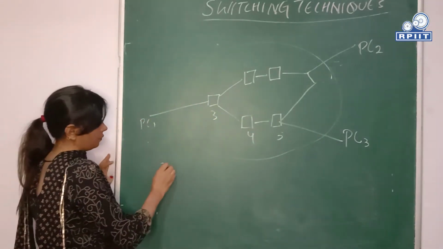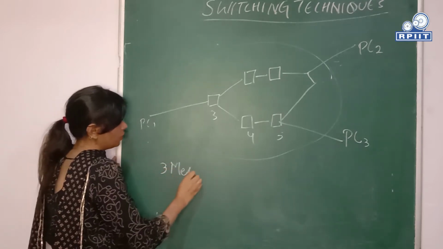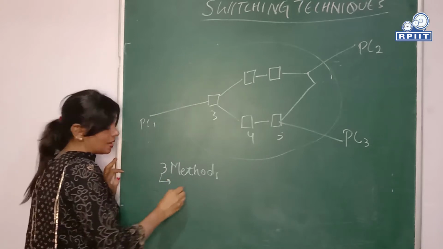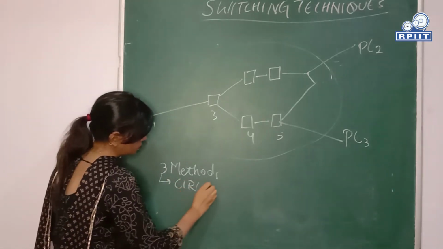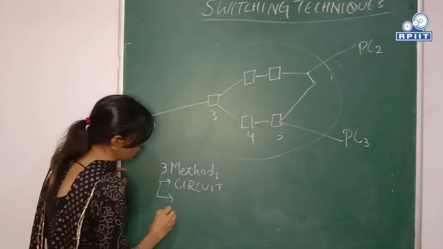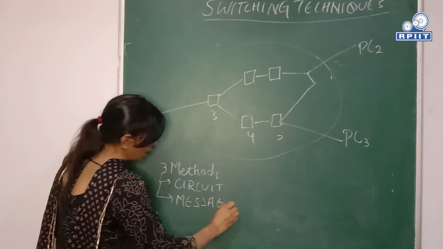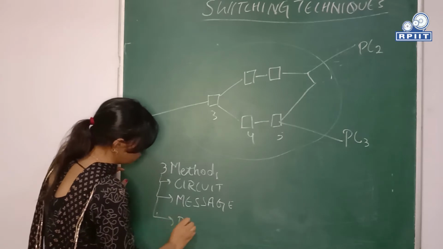Usually we have three methods or three techniques under switching techniques. The first one is circuit switching. The second one is message switching. And the last one is packet switching.